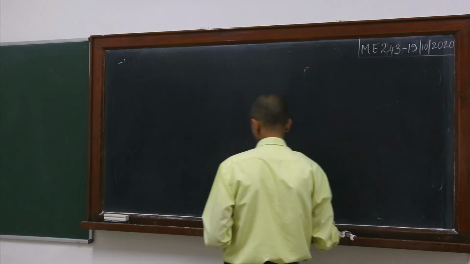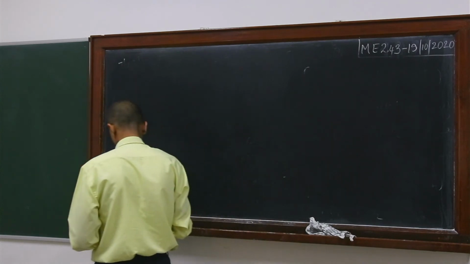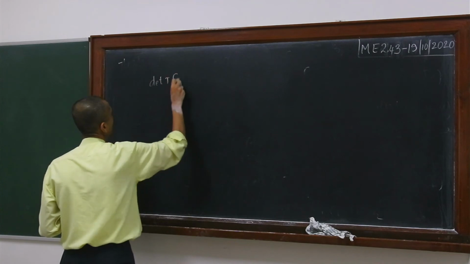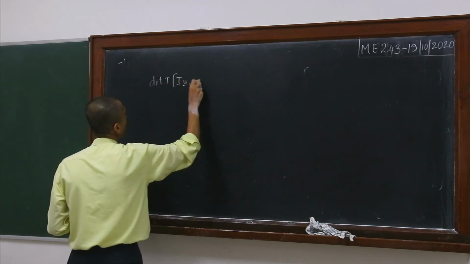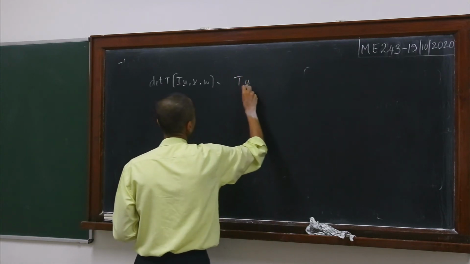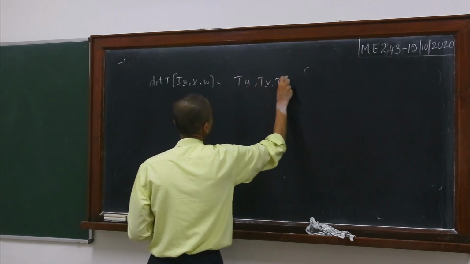So if I now write I3, let us write a determinant of T times, I will write it as I of U comma V comma W, and this I can write as T U comma T V comma T W, right?